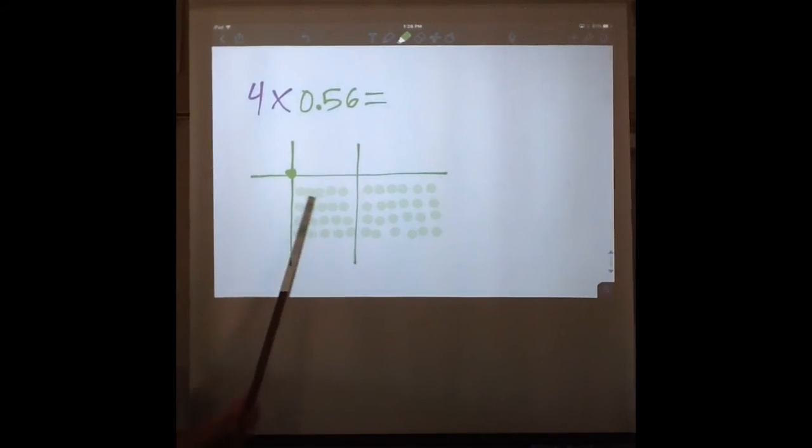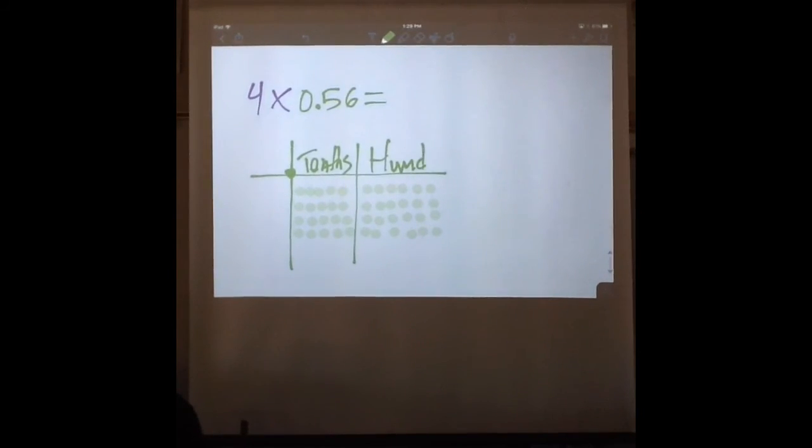Question. How many do I have in the tenths? How many do I have in the hundredths? And we're going to put our 1s here, right? How many do I have in my tenths? 20.